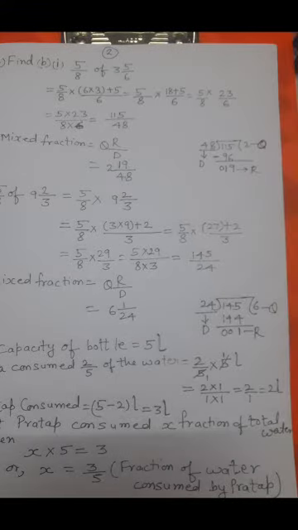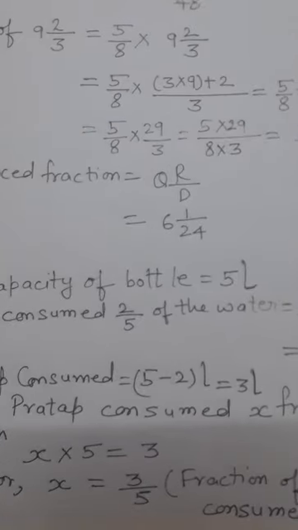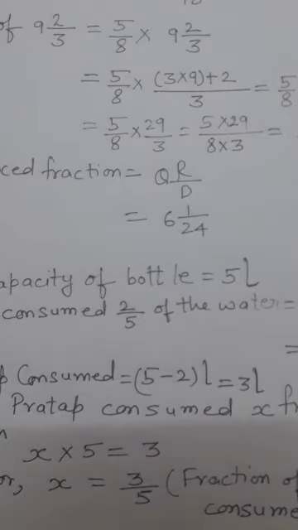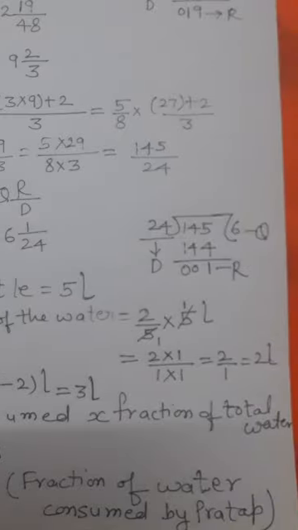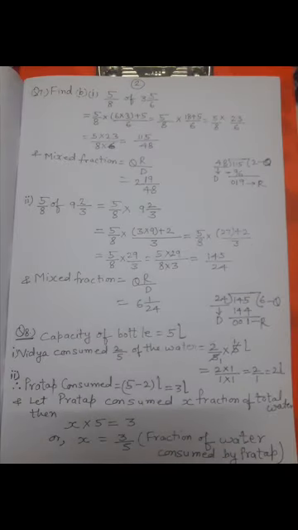According to the question, X fraction of 5, X into 5. Total capacity of water is 5 liters. So X into 5 is equal to 3 liters, and we have to find X. So 5 we take from the left hand side to the right hand side, where it will divide. So the fraction consumed by Pratap is 3 by 5 of the total water. Thank you. That's all for today.